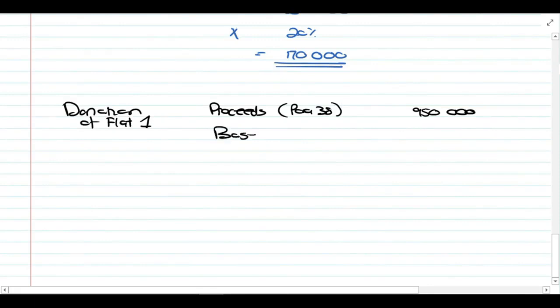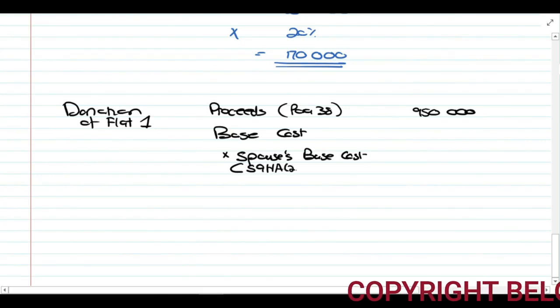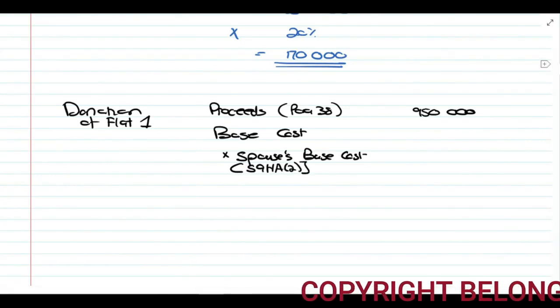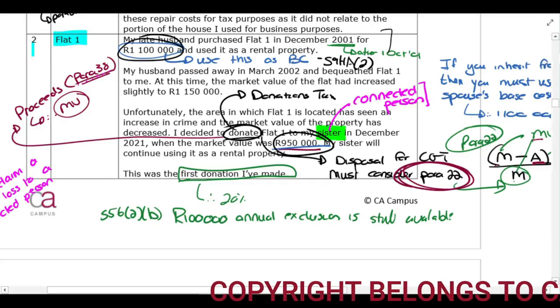What is the base cost? Now in this case, the base cost you inherited from your spouse. So it's your spouse's base cost. And that's per section 9HA(2) that tells us that. Okay, so the spouse's base cost was 1.1 million rands.